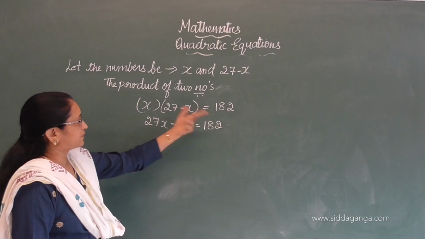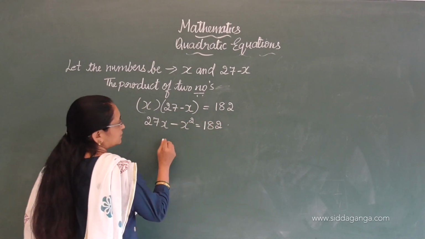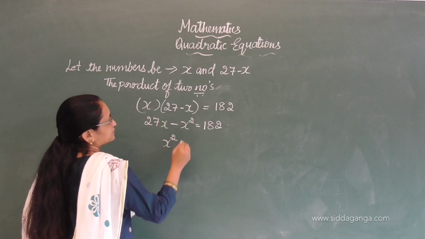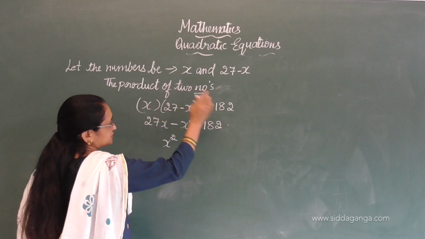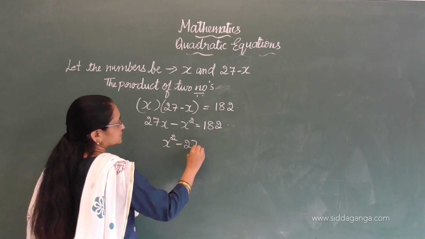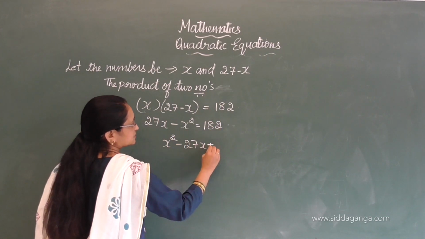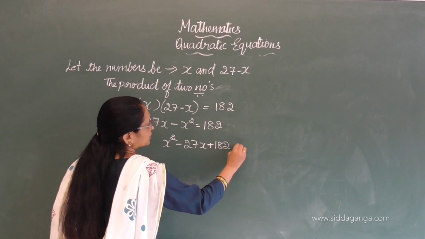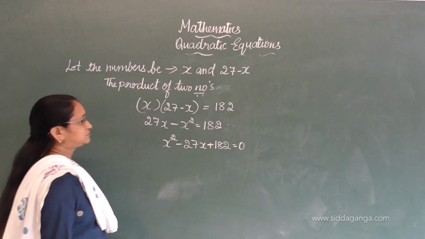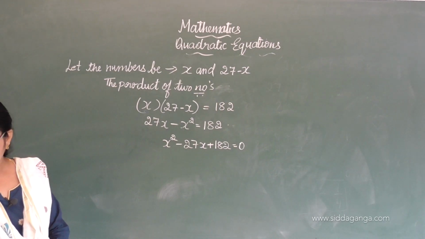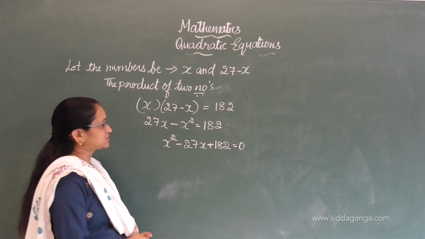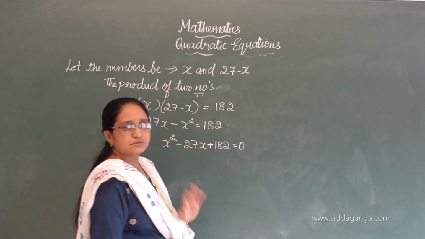So minus x square, when we transpose this, it will become x square. We will transpose to the other side, then minus 27x, and this remains there itself, is equal to 0. I hope you understood this. X square minus 27x plus 182 is equal to 0.